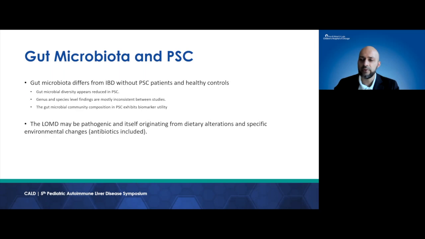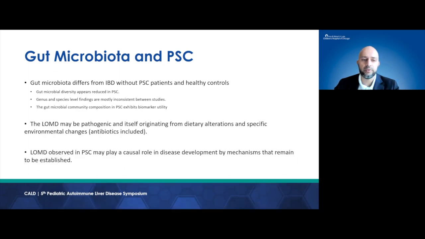The loss of microbial diversity may be pathogenic and originate from dietary alterations and specific environmental changes. The loss of microbial diversity observed in PSC may play a causal role in disease development by mechanisms that remain to be established. Now, this has been shown in patients with type 1 diabetes. The loss of microbial diversity precedes the diagnosis and is associated with autoantibody positivity.